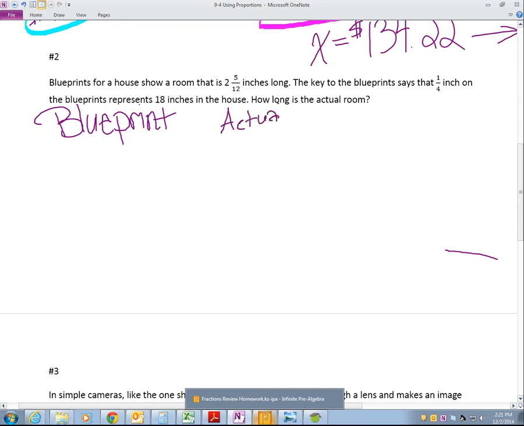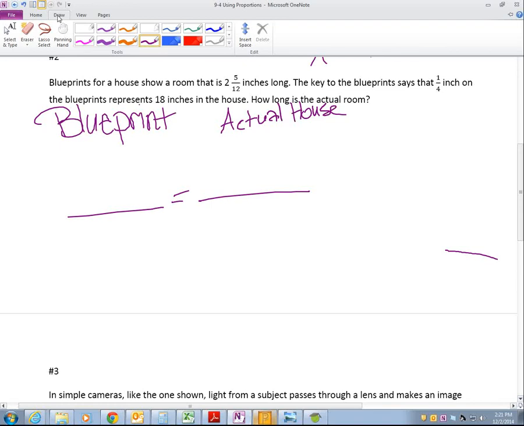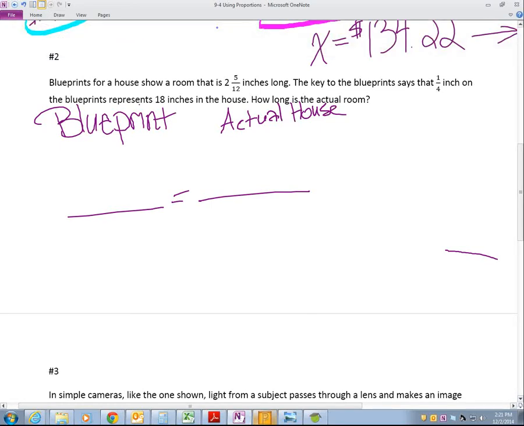Actual house. Now, I'm going to create my equation, my fractions. Now, what do we know? Max? 2 5/12 inches long.